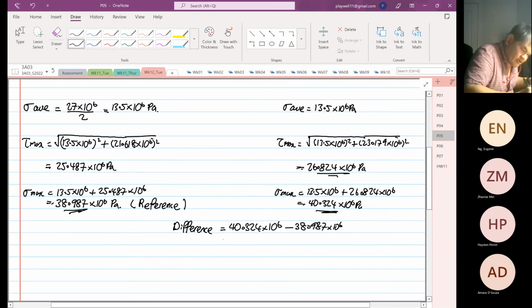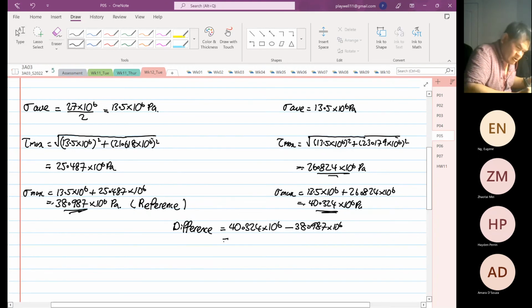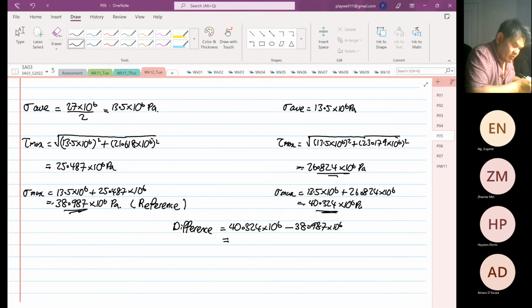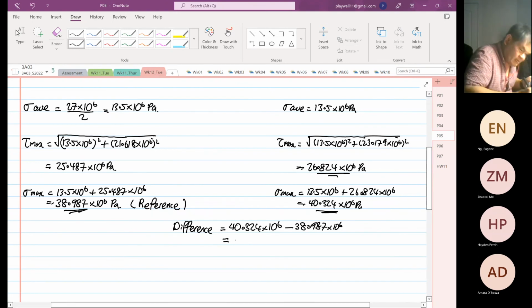The difference is equal to 40.324 minus 38.987, which is 1.337 times 10 to the power 6 Pascal.